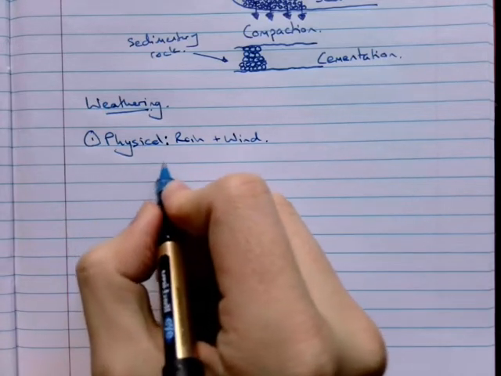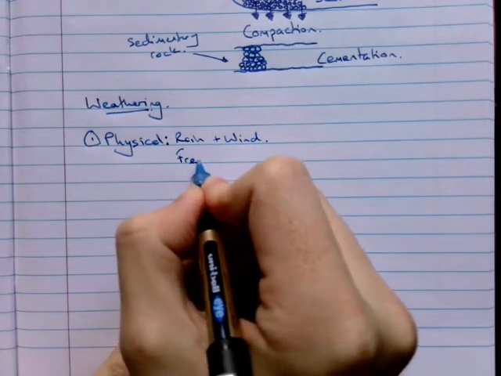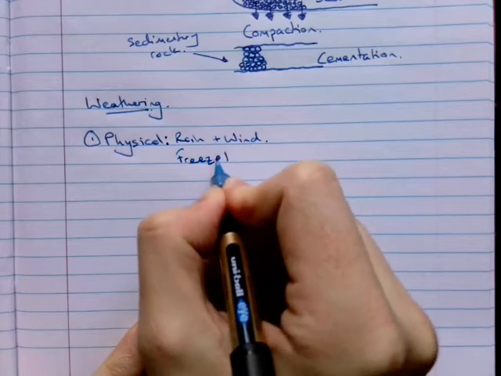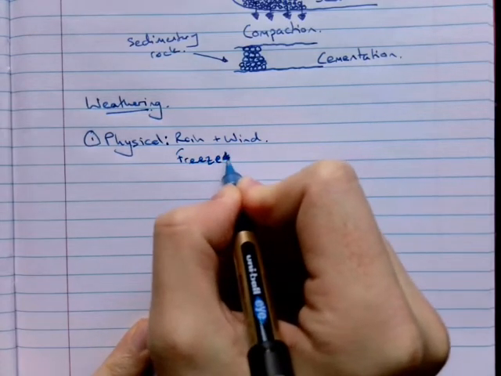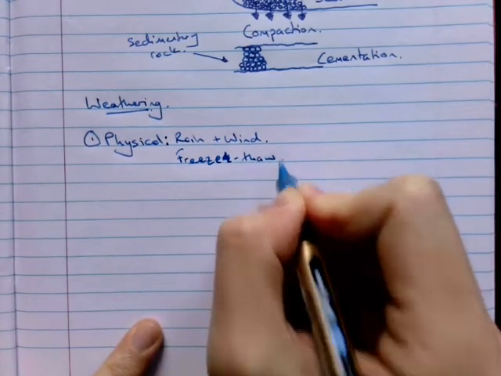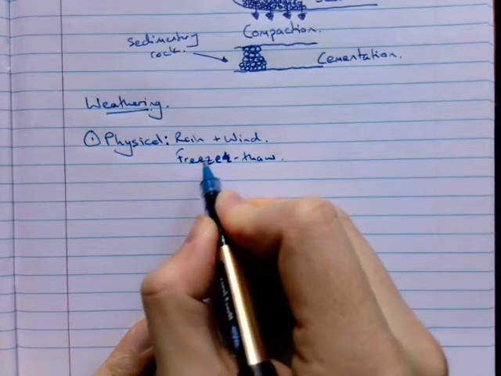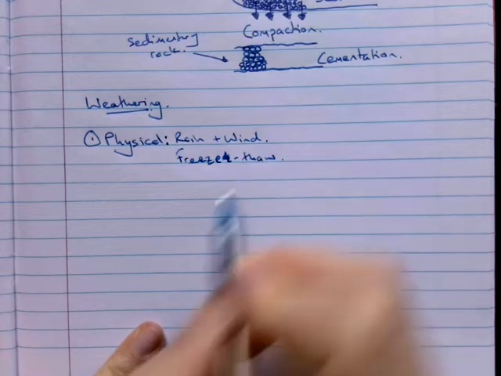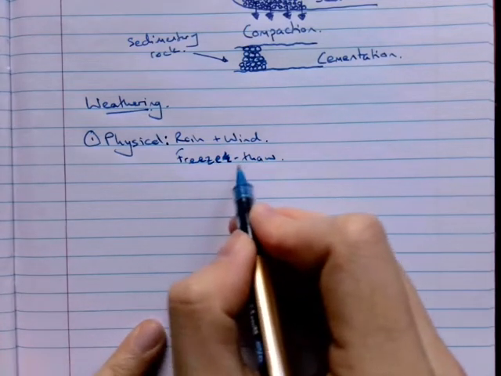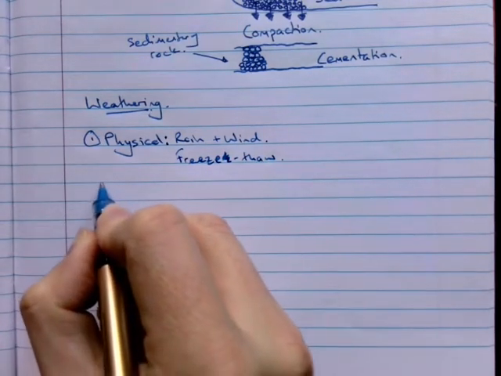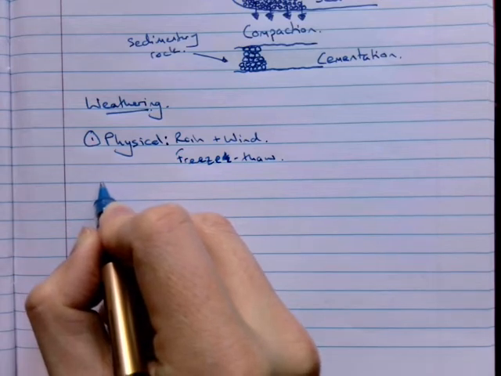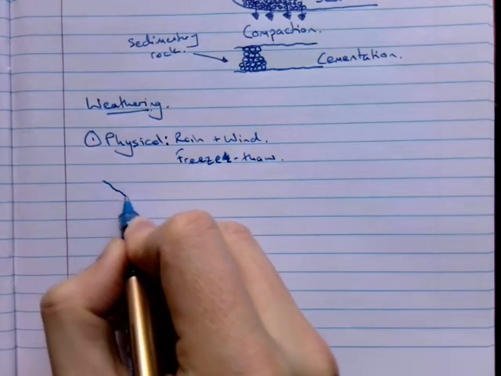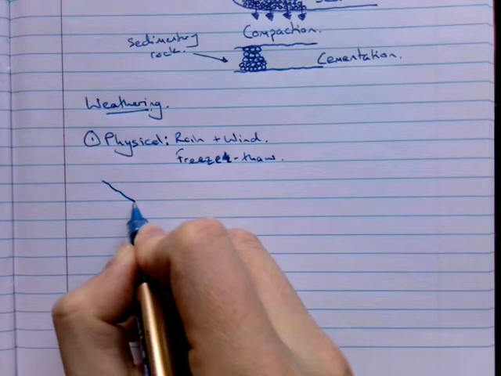But there's another type of physical weathering called freeze-thaw weathering. Freeze, to go from liquid to solid, and thaw means to melt, to go from solid to liquid. All right, and how this works is, imagine you've got on the side of the mountain this rock, and then in the rock there's a crack.